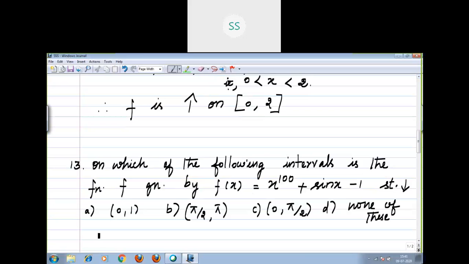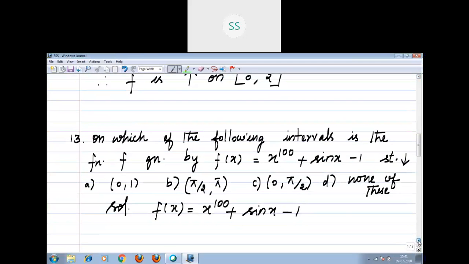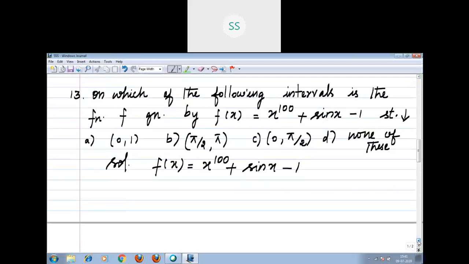Solution: f of x equal to x power 100 plus sin x minus 1. Next step, differentiation, don't forget it, right?